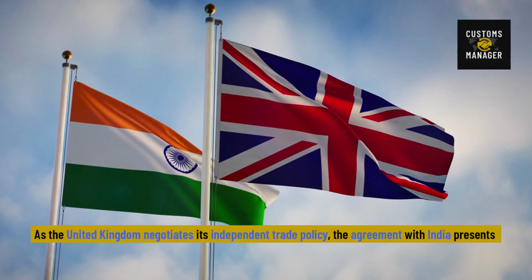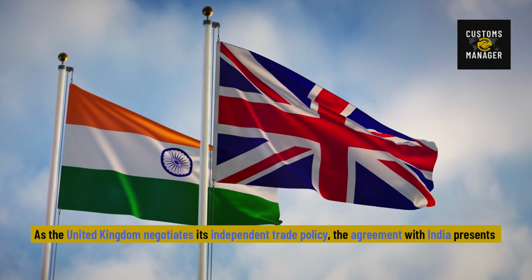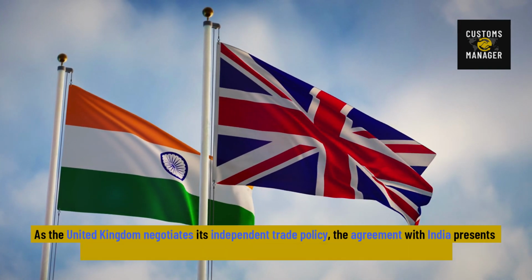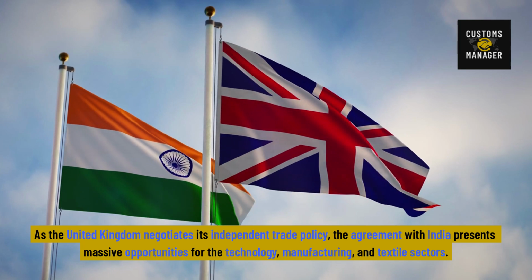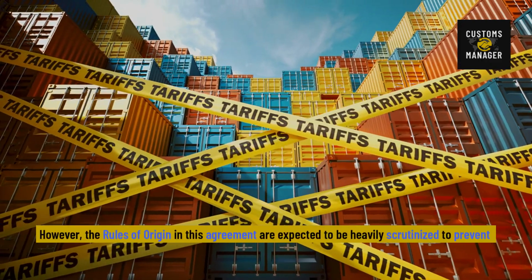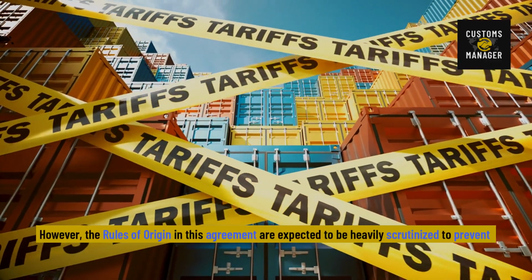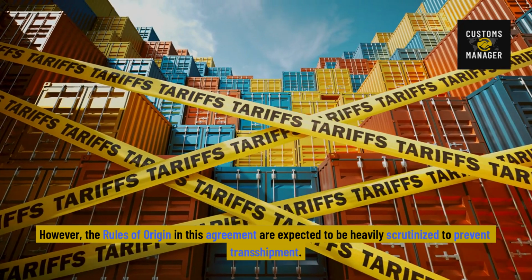As the United Kingdom negotiates its independent trade policy, the agreement with India presents massive opportunities for the technology, manufacturing, and textile sectors. However, the rules of origin in this agreement are expected to be heavily scrutinized to prevent transshipment.